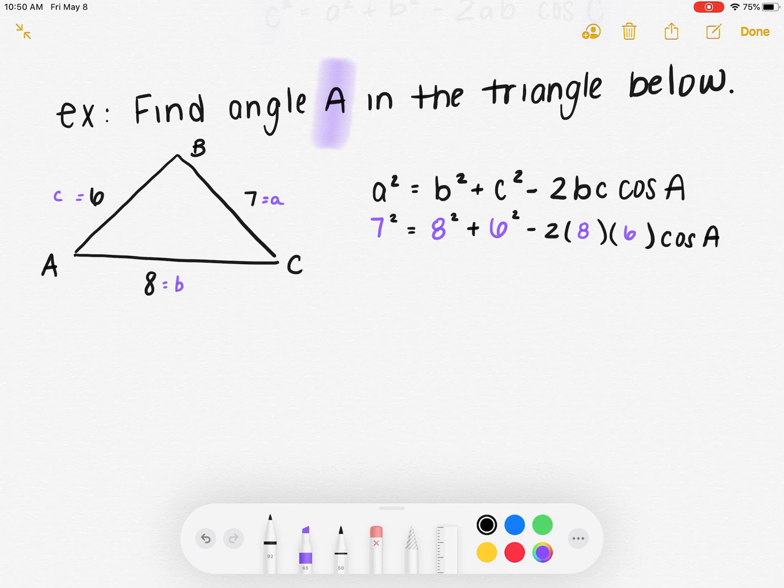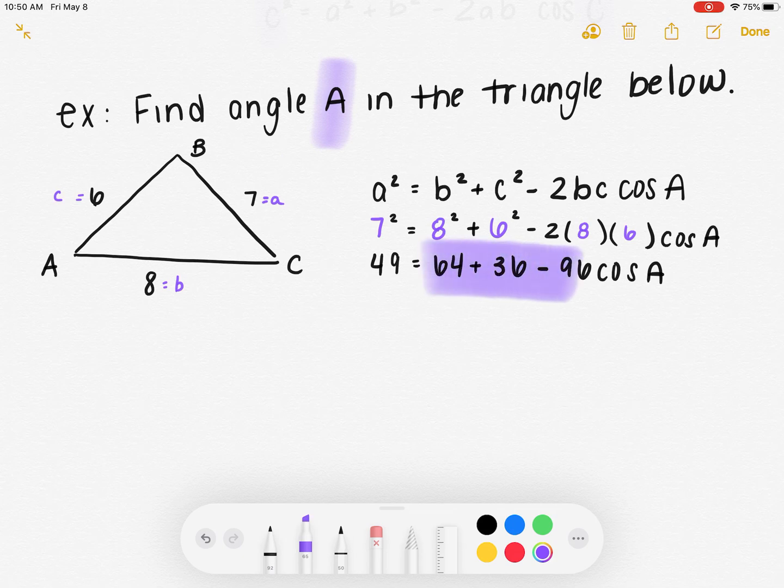Now, I'm going to go and get my calculator, and I'm going to do 7 squared, 49 equals 64 plus 36 minus 2 times 8 times 6 gives me 96 cosine of A. Now, the biggest mistake that I see most people make is the next thing everyone wants to do is go 64 plus 36 minus 96, but you cannot do that.